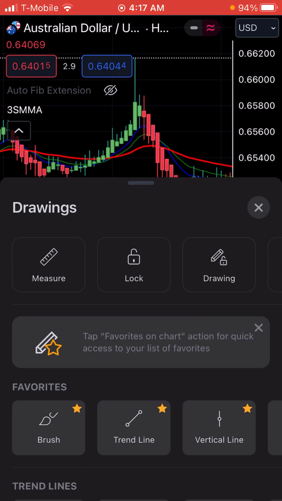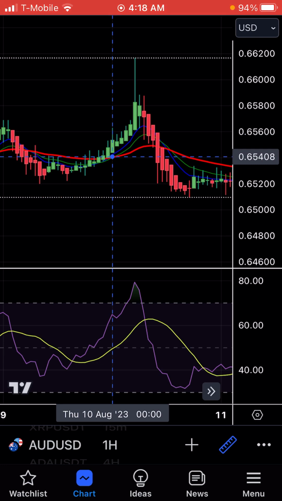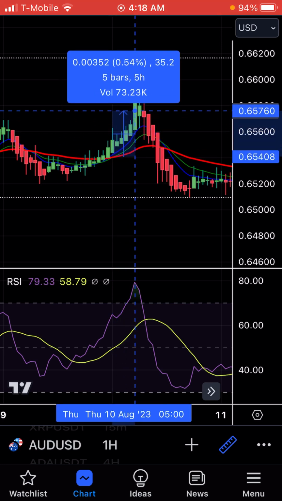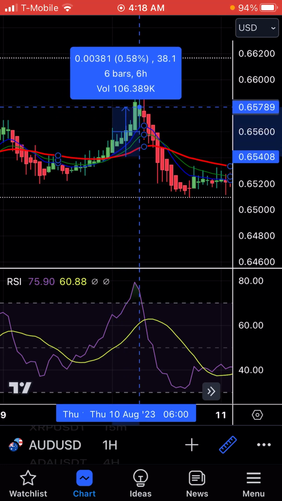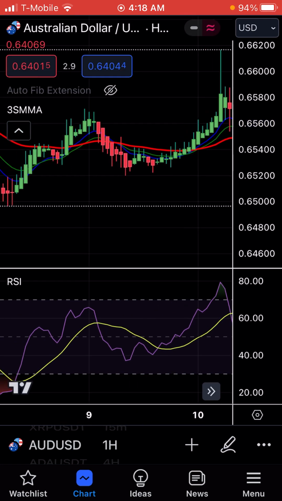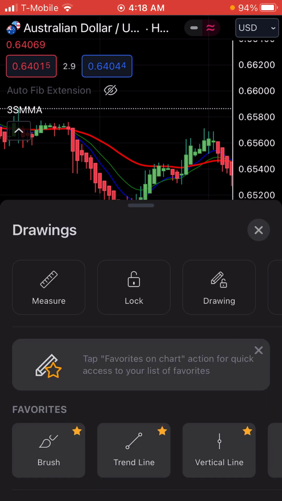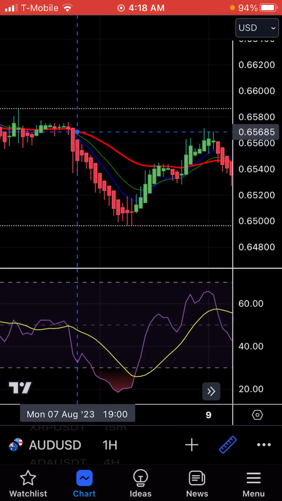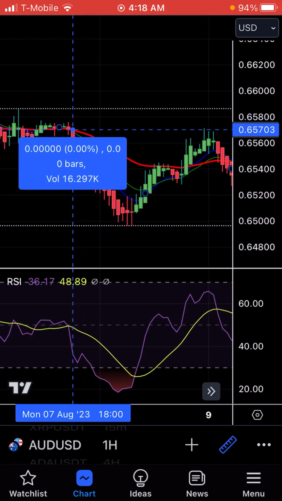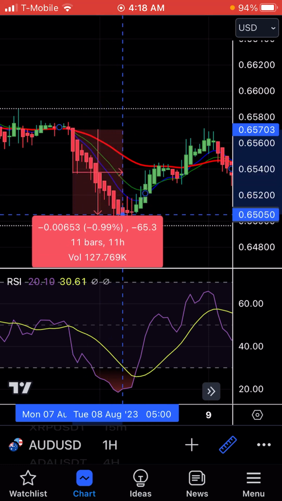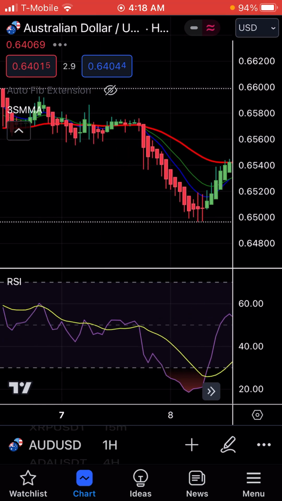So this moment right here, when it all crossed, was about 381 pips. And then we see it crossing right here, 658 pips.